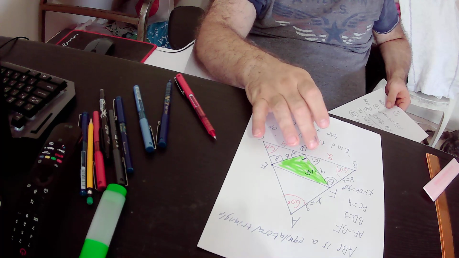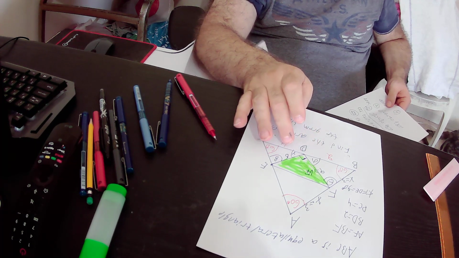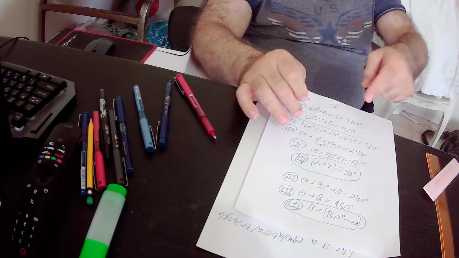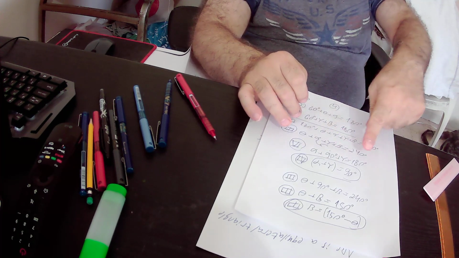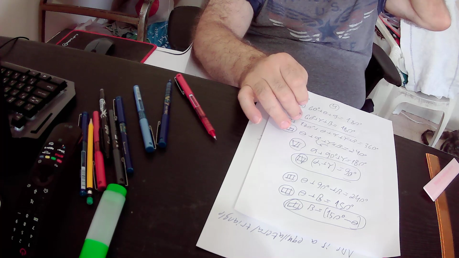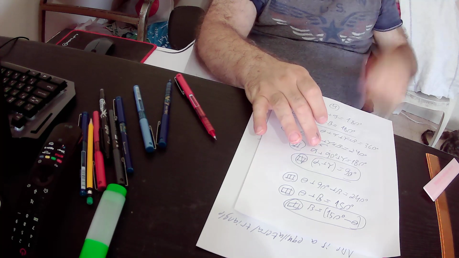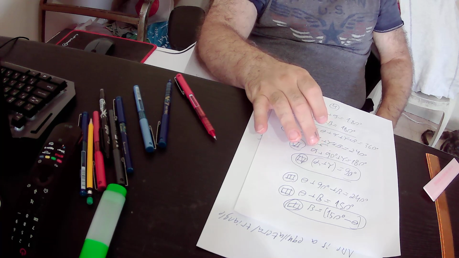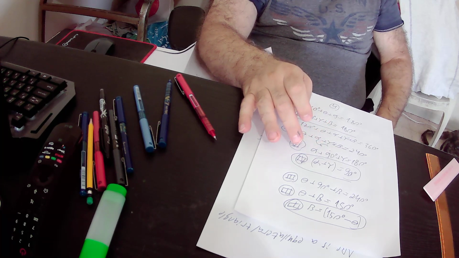That is to say, alpha plus 90 degrees plus gamma equals 180 degrees. We got that alpha plus gamma equals 90 degrees from equation number 4.